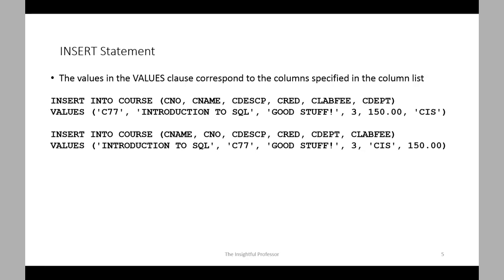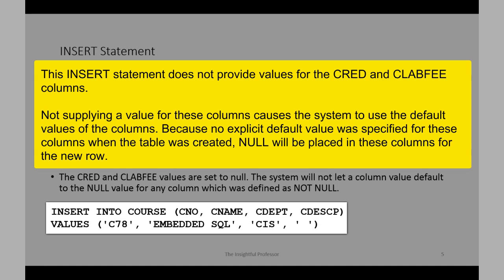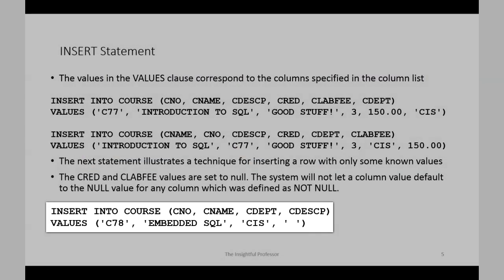For example, if a column does not have a not null constraint, the column automatically has a default value of null. In our next example, we illustrate a technique for inserting a row with only some values. We've not specified the credit and the lab fee columns. These allow null values, so those columns will be set to null.